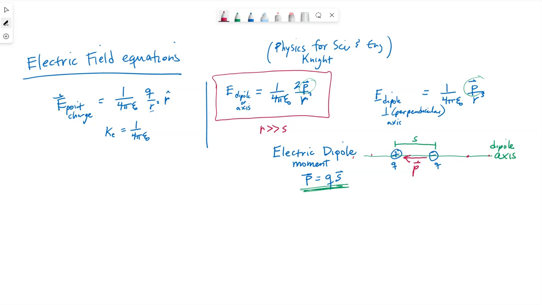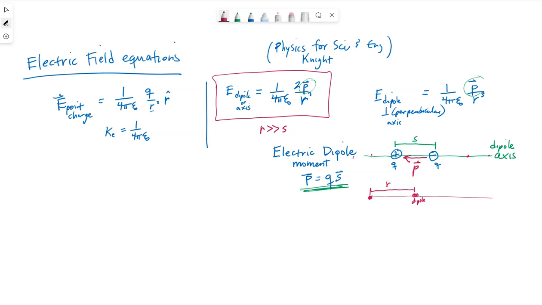So R, we essentially see these two charges on top of each other. R would be measured from where they're at out to the point we're trying to find the field. So this would be our dipole right here, as if I zoomed out.